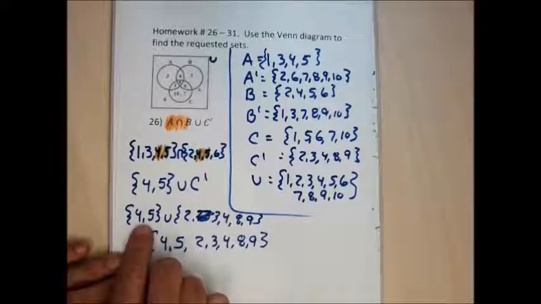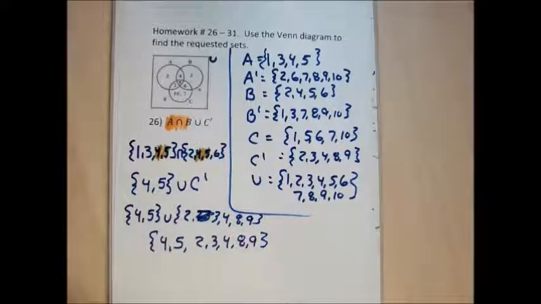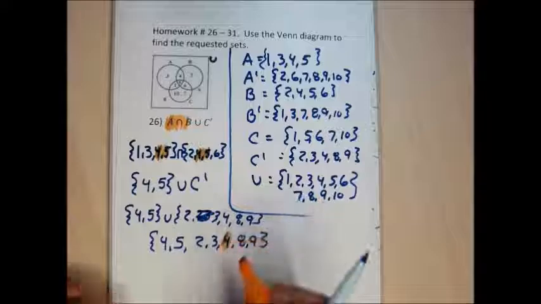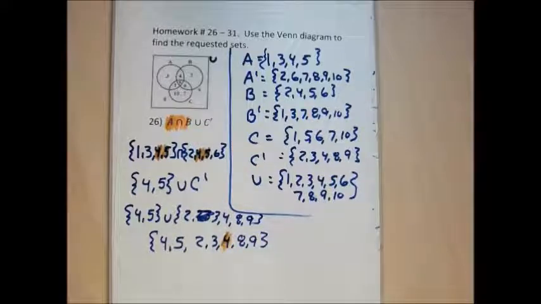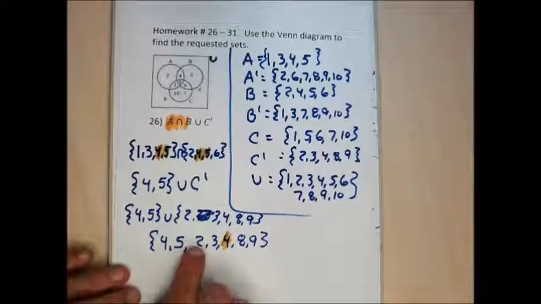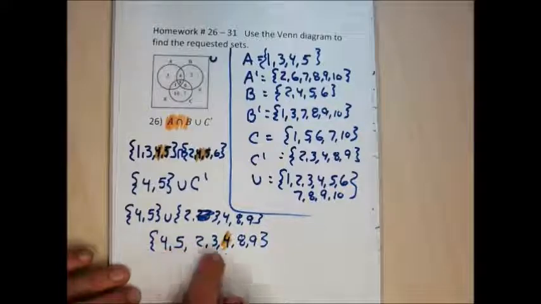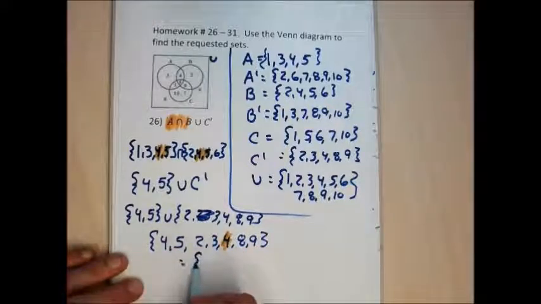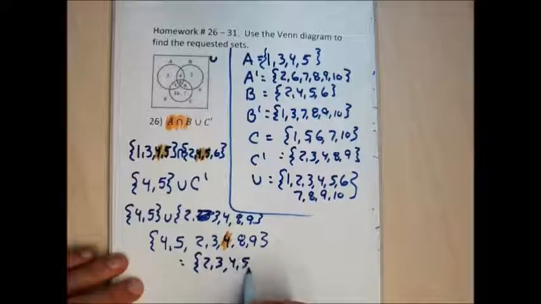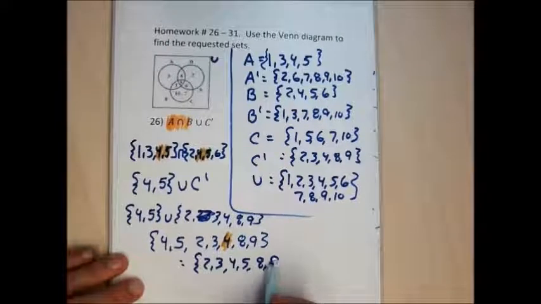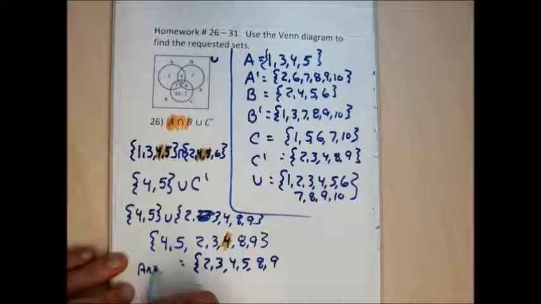So I took the 4 and the 5, the 2, 3, 4, 8, and 9. Get rid of any duplication; I don't need the 2 4s. And now write my numbers in a nice order: 2, 3, 4, 5, 8, 9. So this is going to be the set containing 2, 3, 4, 5, 8, and 9. And that'll be my answer to problem 26.